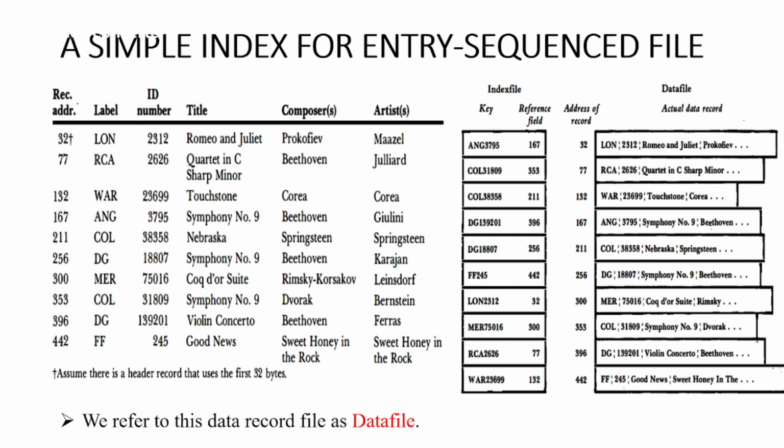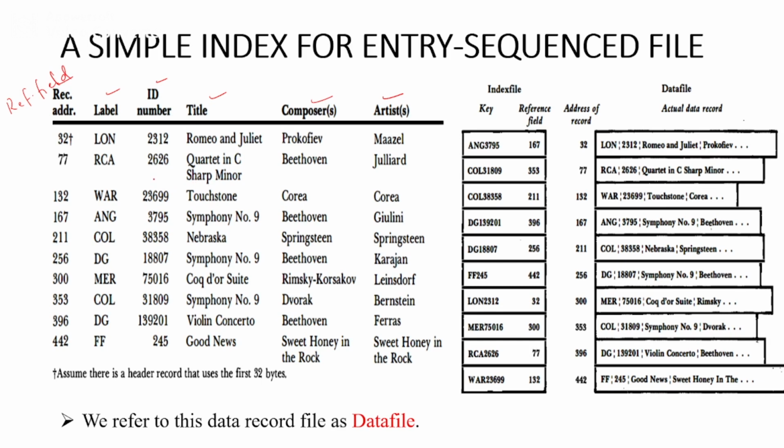Let us consider this file with these different fields: record address, label, ID number, title, composers and artists. The record address acts as the index, or I can call it the reference field.